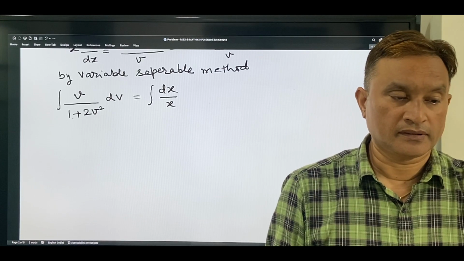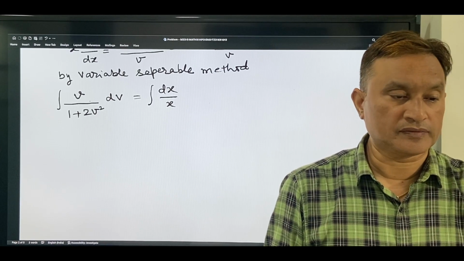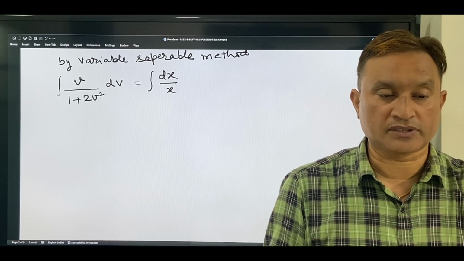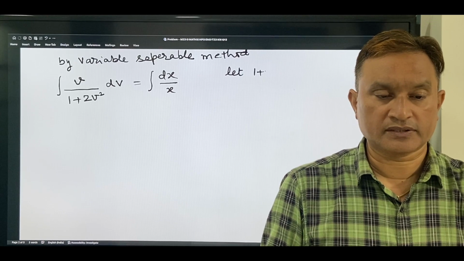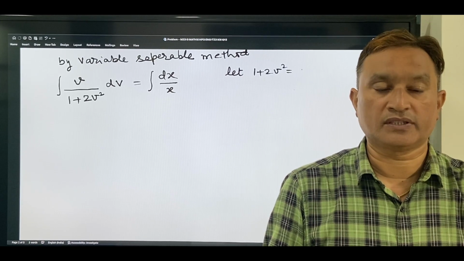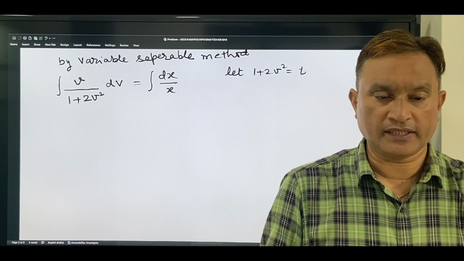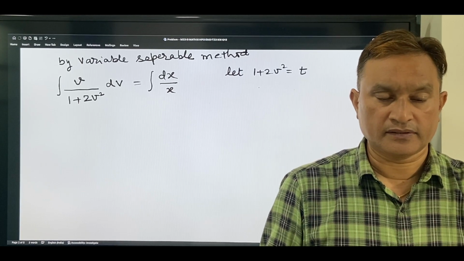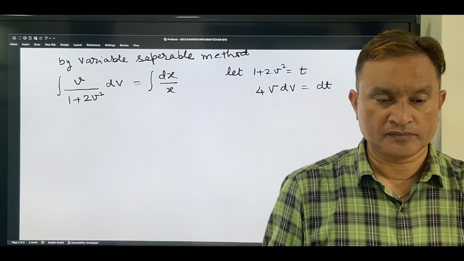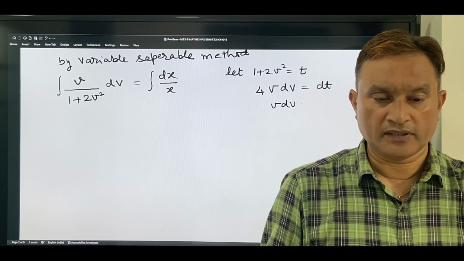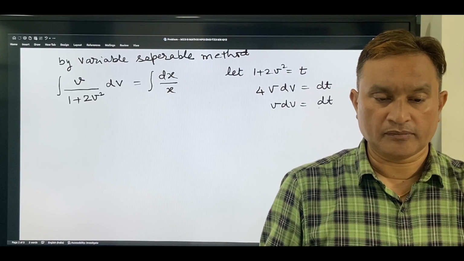Now here we will apply the method of integration by substitution. So let 1 plus 2v square equal, say, t, then 4v dv equals dt. So v dv equals dt by 4.